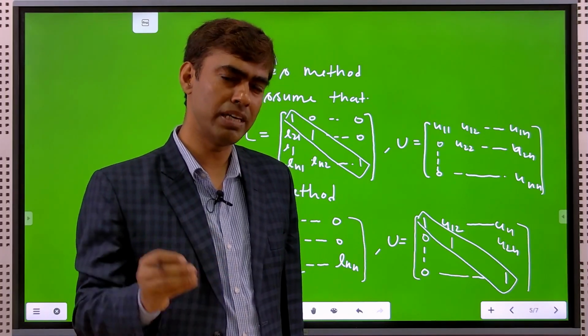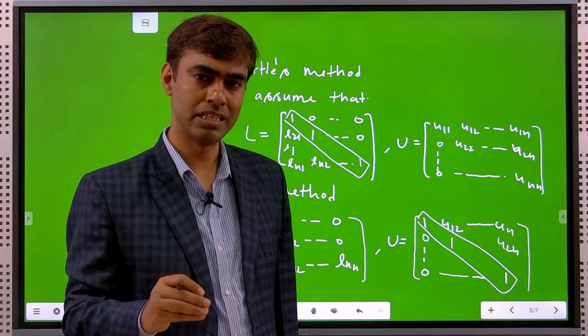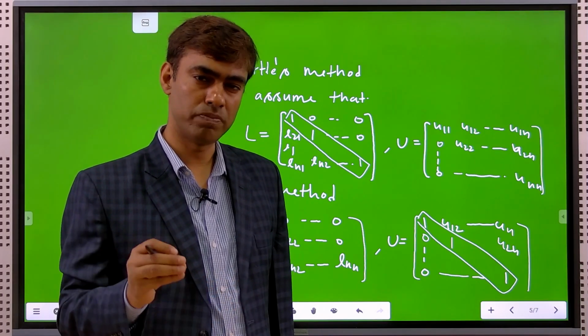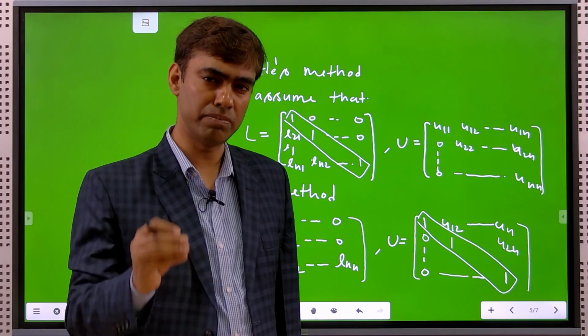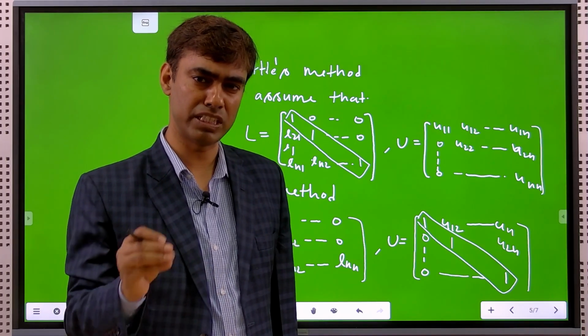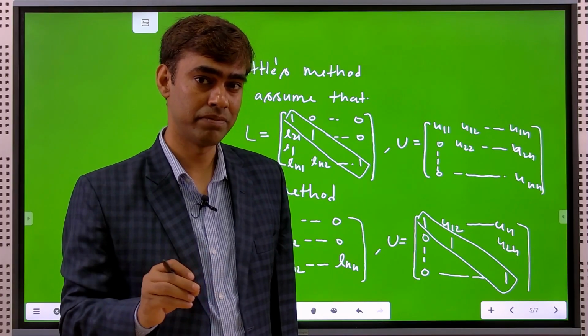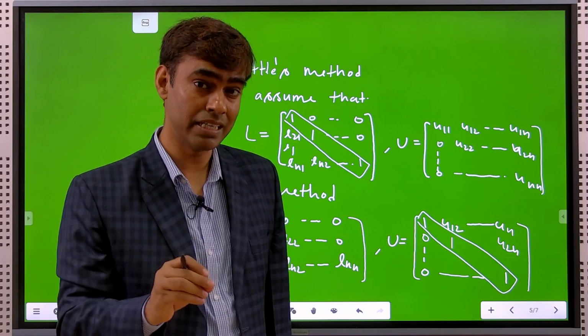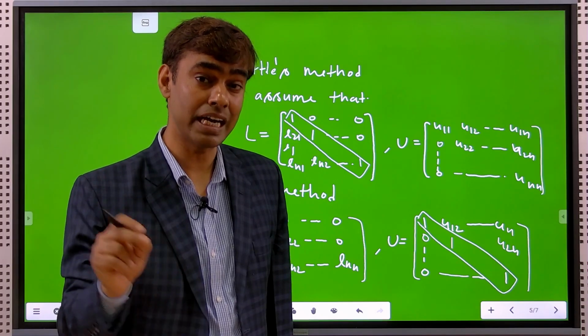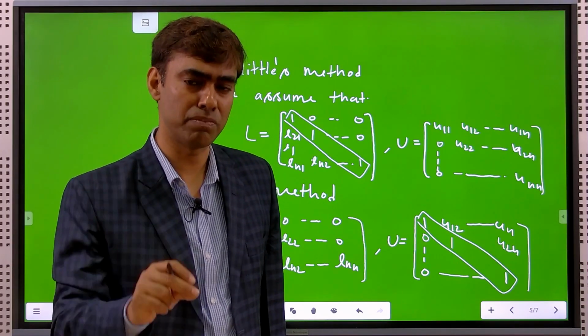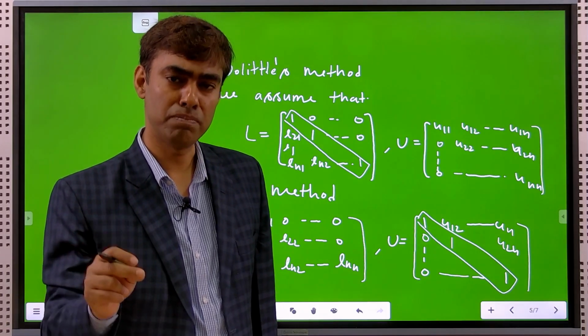Cholesky's method is only applicable if the matrix is symmetric and positive definite. So if we write the given system of linear equations in matrix form, and the matrix A is symmetric and positive definite, then we apply Cholesky's method.